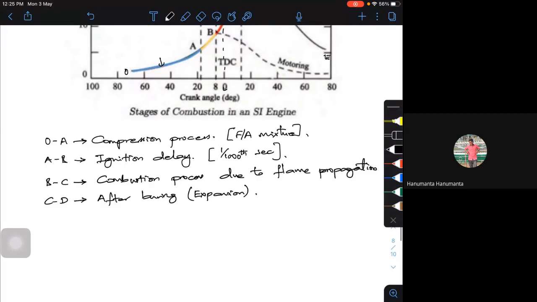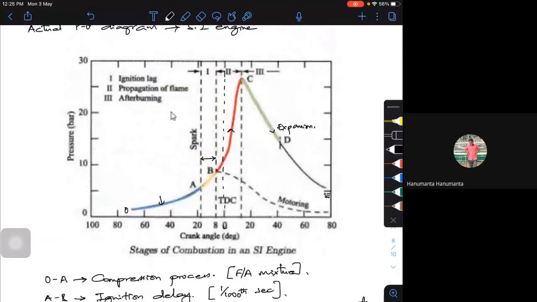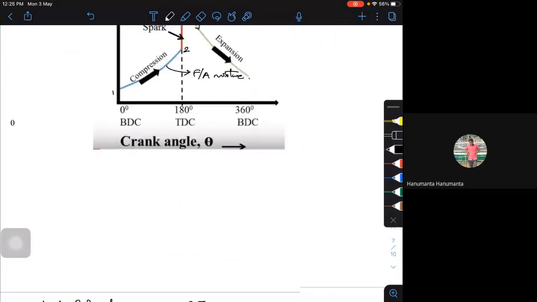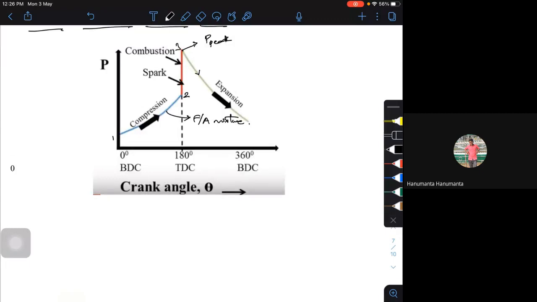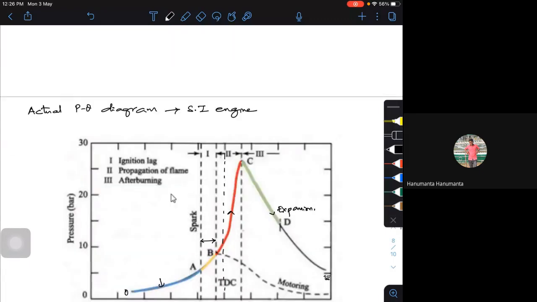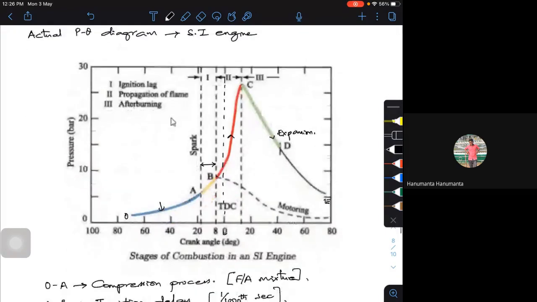Now, if you compare theoretically what was happening in the previous diagram, all the things should happen at TDC. But if you look at the actual P-theta diagram, the actual combustion process, your TDC is exactly at that particular point.